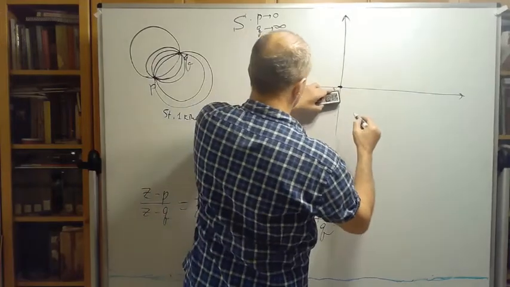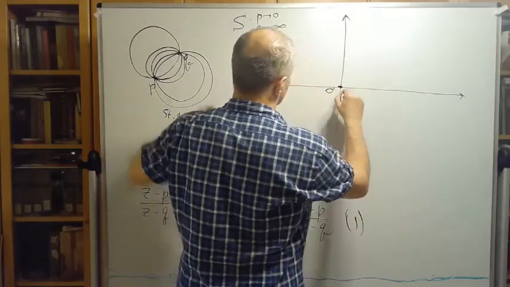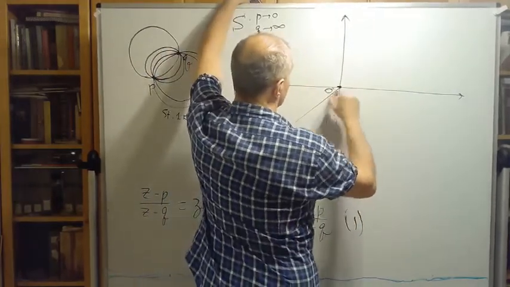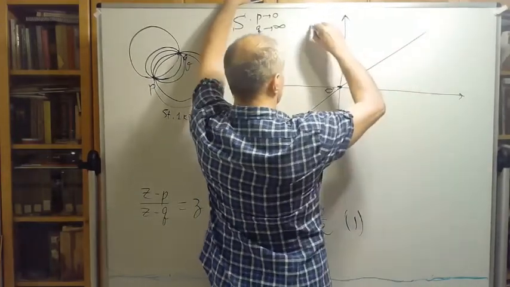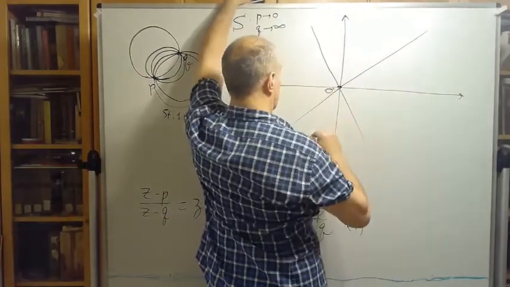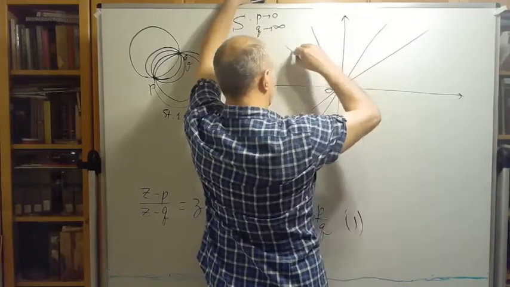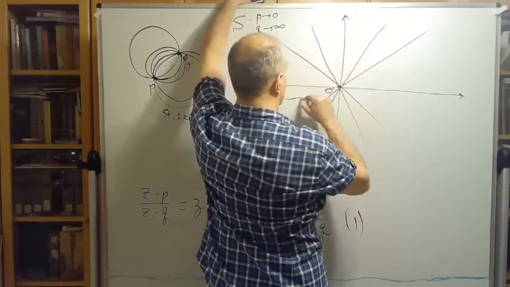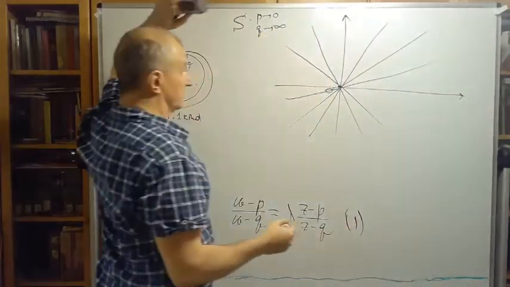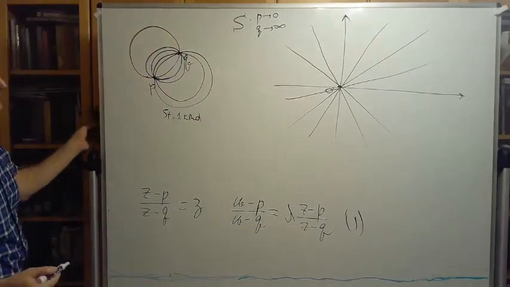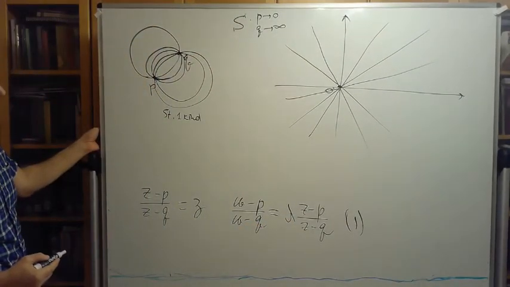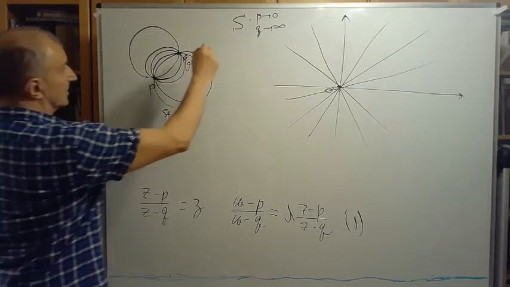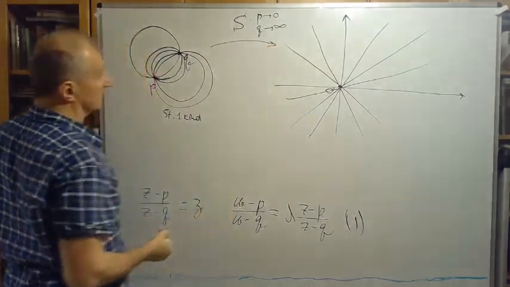And of course these will be straight lines, so they pass through infinity. So there will be radial lines like this. These are the images of the Steiner circles of the first kind, obtained as a result of transformation S.